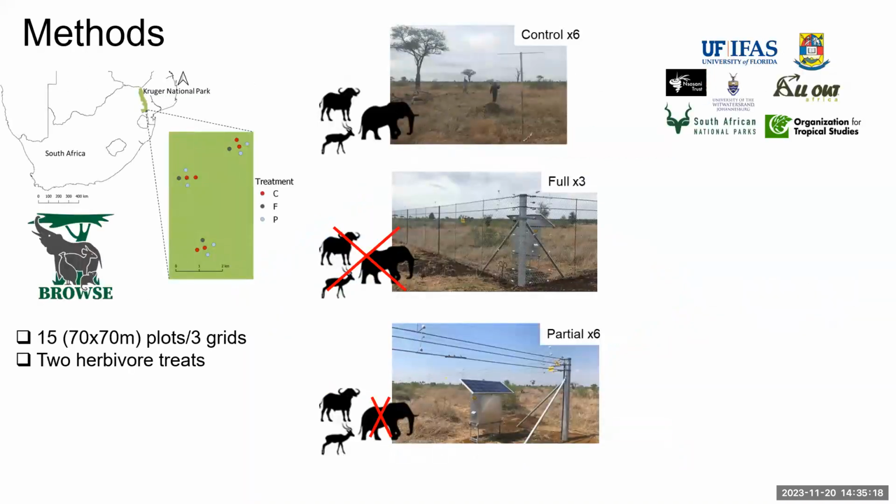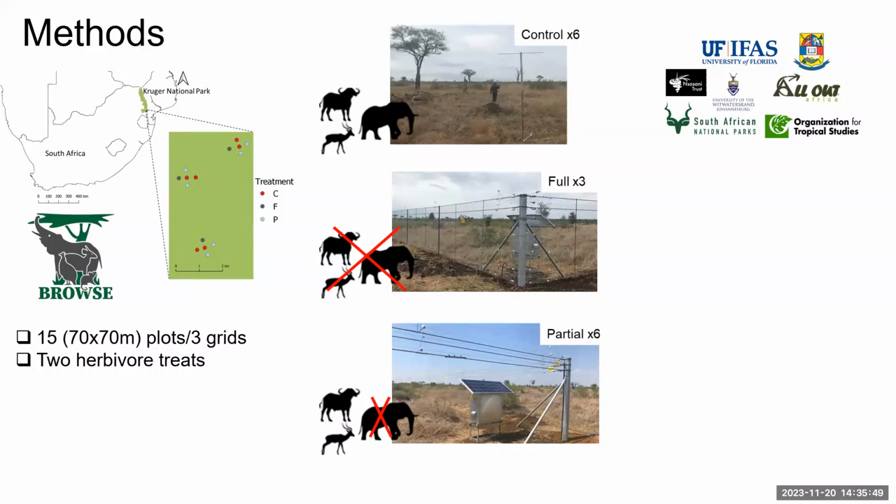To do that, we went to Kruger National Park, and there we are working in the browse plots. The browse project is a collaborative effort of these different institutions and organizations. Starting from the bottom, it has 6 plots that exclude mega herbivores like elephants.